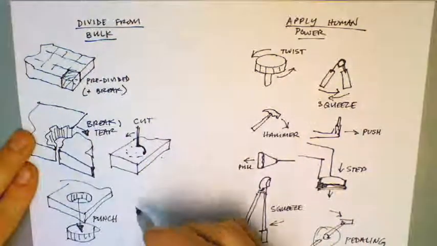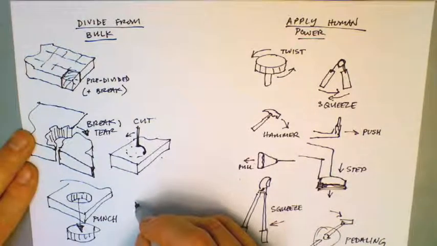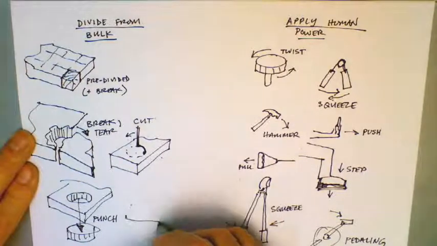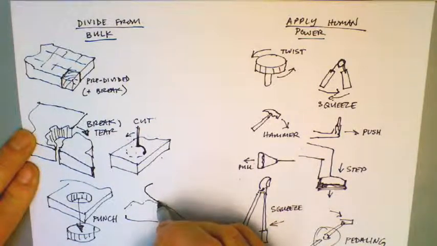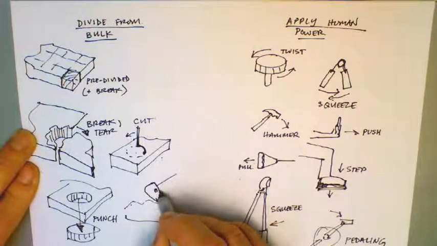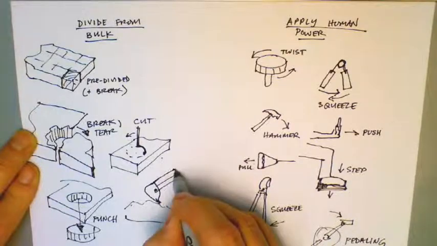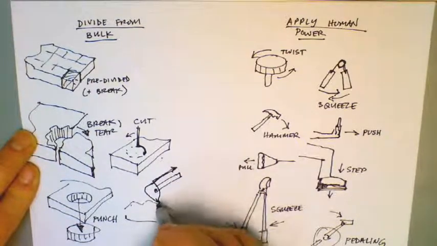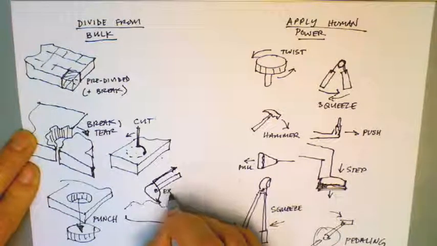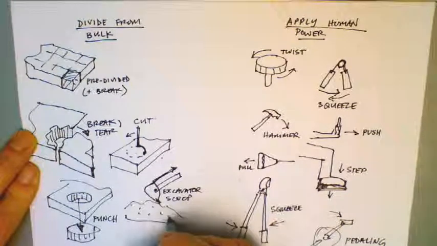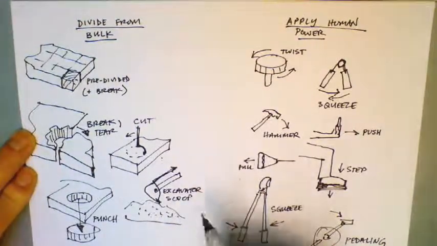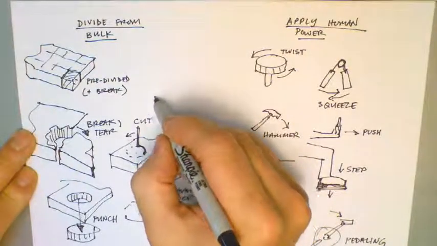Yeah, you get the idea. Let's imagine there could be, how about the way an excavator works. An excavator shovel has a claw on it, and a big arm and an actuator, and we could call that excavator. Scoop. And let's see, how about carve or shave?